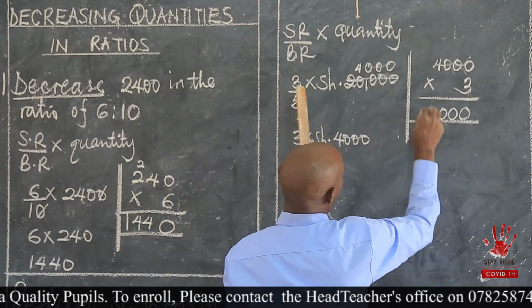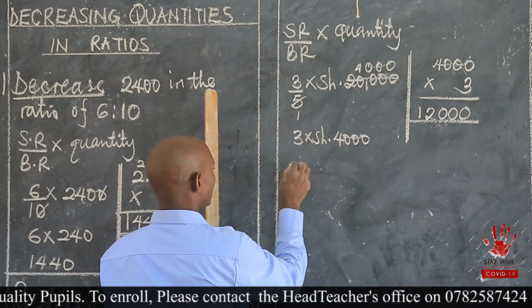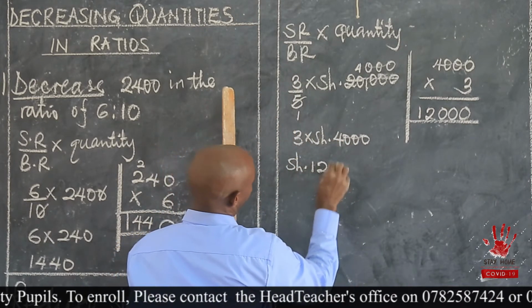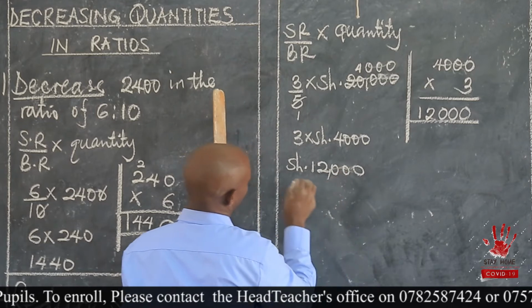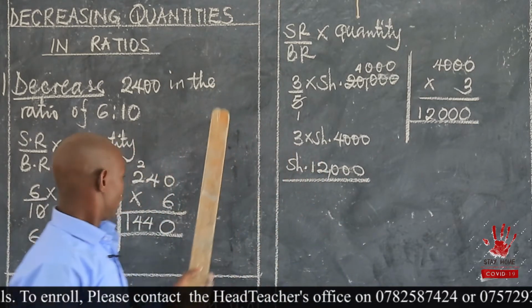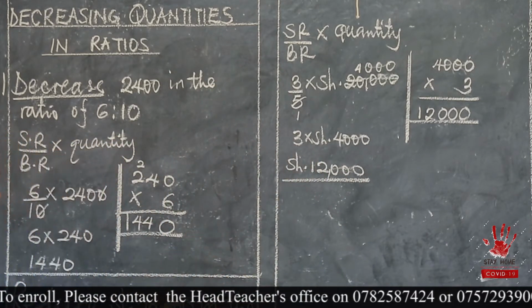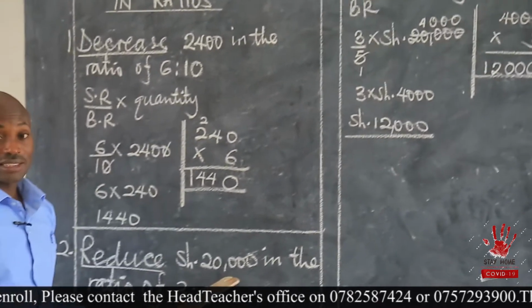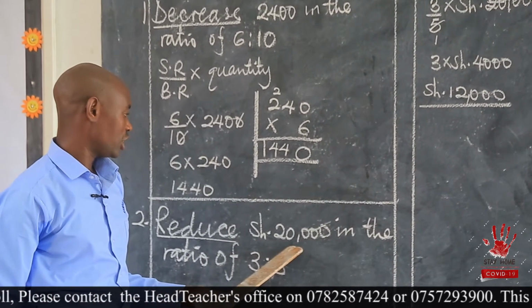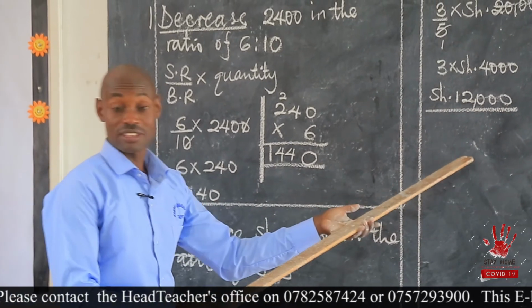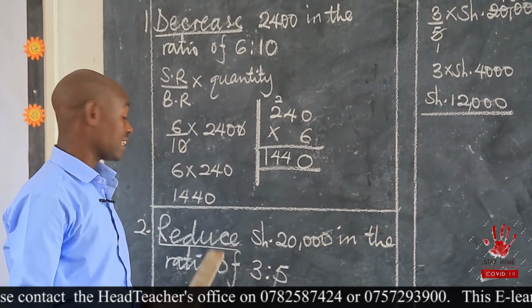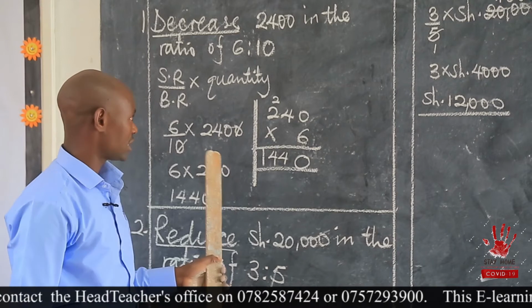You are going to get 12. So what are we getting here? We are getting 12,000 shillings. Do you realize that our amount of money has reduced from 20,000 shillings now to 12,000 shillings? Yes. That's what we mean by reducing.